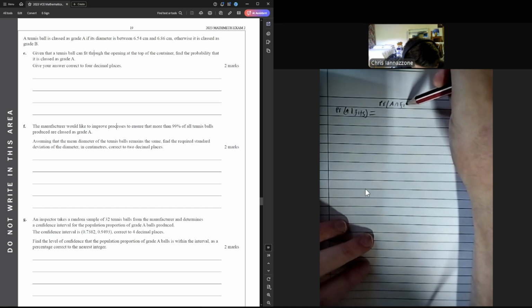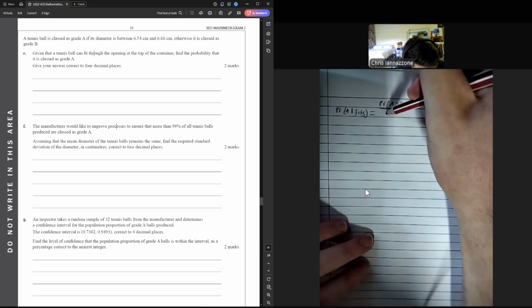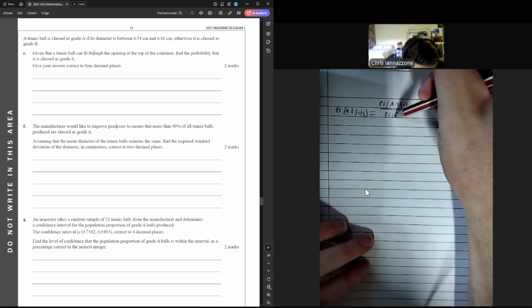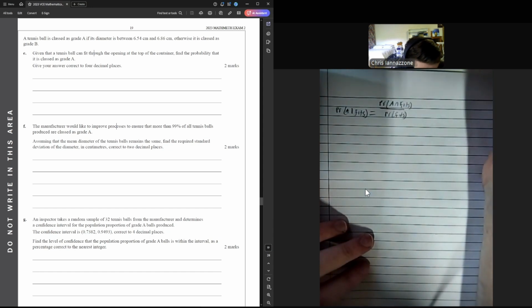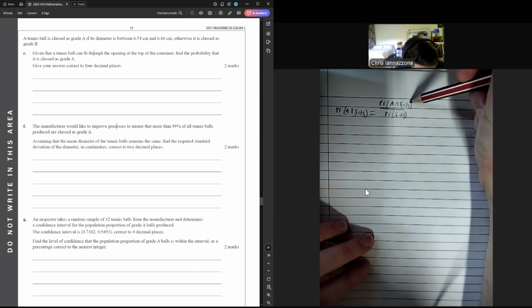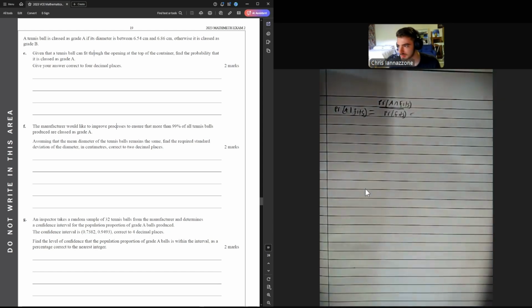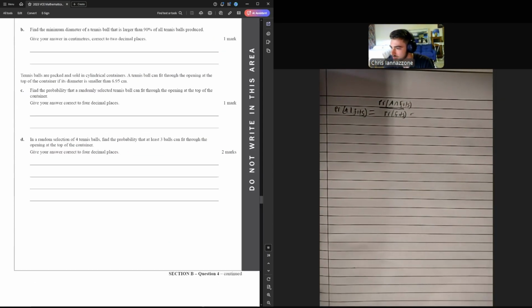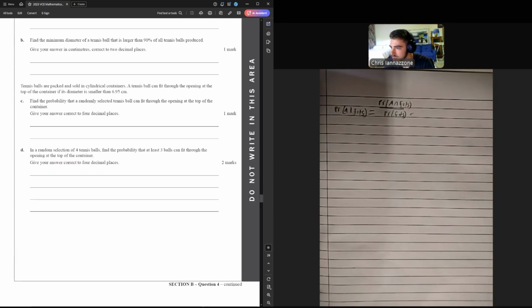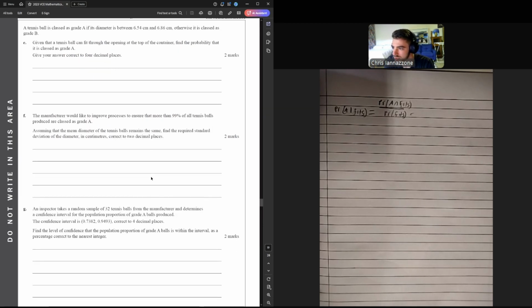Pr(A intersection fits) divided by the probability of our conditional, fits. So we already know the probability of fits. We found that one earlier in part, where was it? Part C, right? Find the probability of any tennis ball fitting. So all we need now is the intersection between those two things.